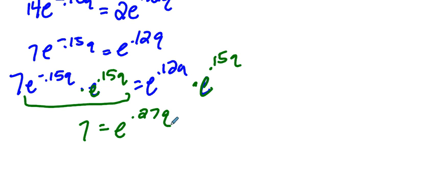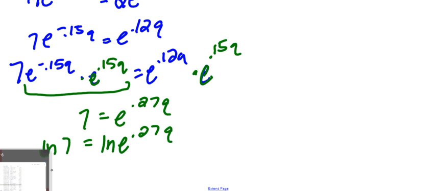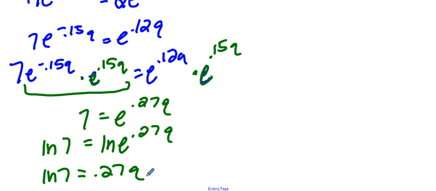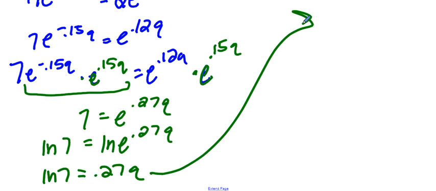Okay. So now I'm trying to solve for Q. You can get rid of an e by doing a natural log. So I'm going to natural log both sides. So I'll have natural log 7 equals natural log e to the 0.27Q, which means natural log 7 equals 0.27Q, and then just divide. So natural log of 7 divided by 0.27 is going to be my Q. I'm going to type that in my calculator real quick.